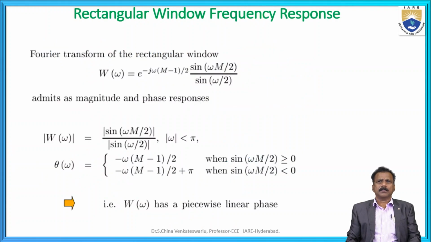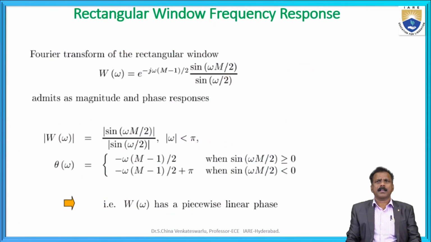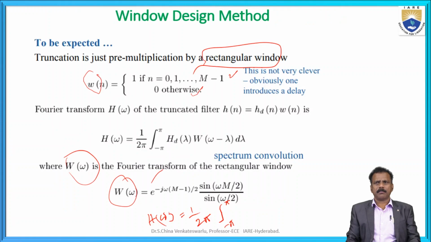Next, we utilize this rectangular window frequency response, where w[n] is defined for n equal to 0, 1, 2, 3 up to M minus 1.